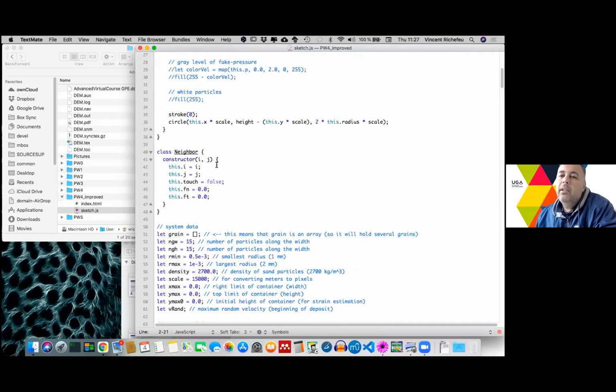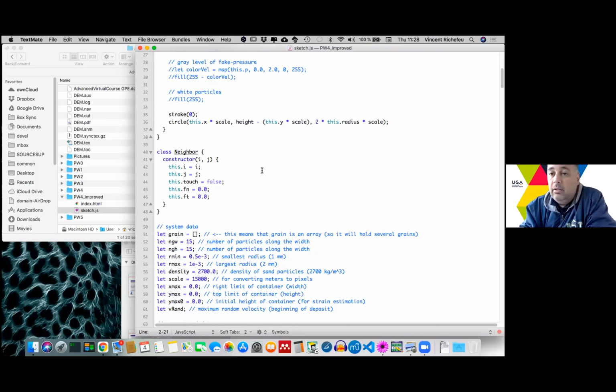I didn't talk about the neighbor list. A few words. If you make a DEM simulation, you will have to compute force between each particle. So if you have n particles, the number of contact interactions you will have to compute is n to the power 2. Okay, so it's big, and you have to do that every time step.